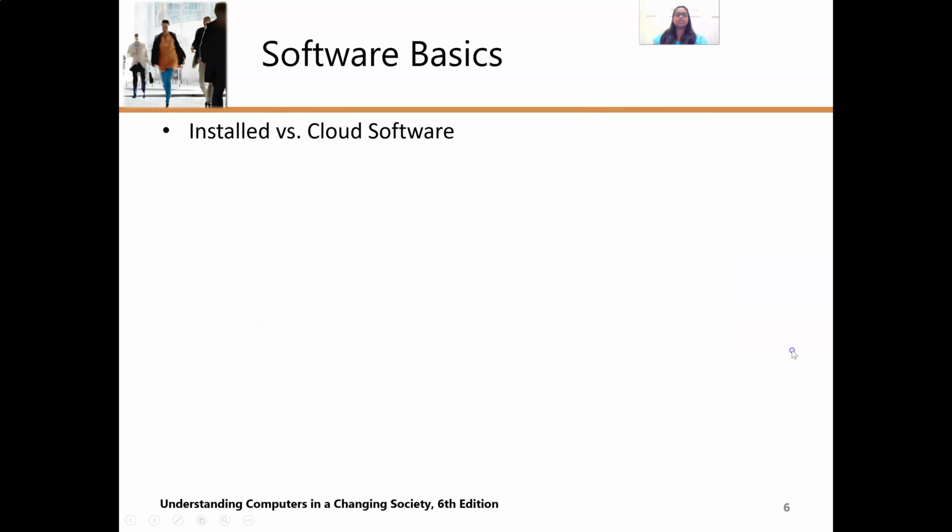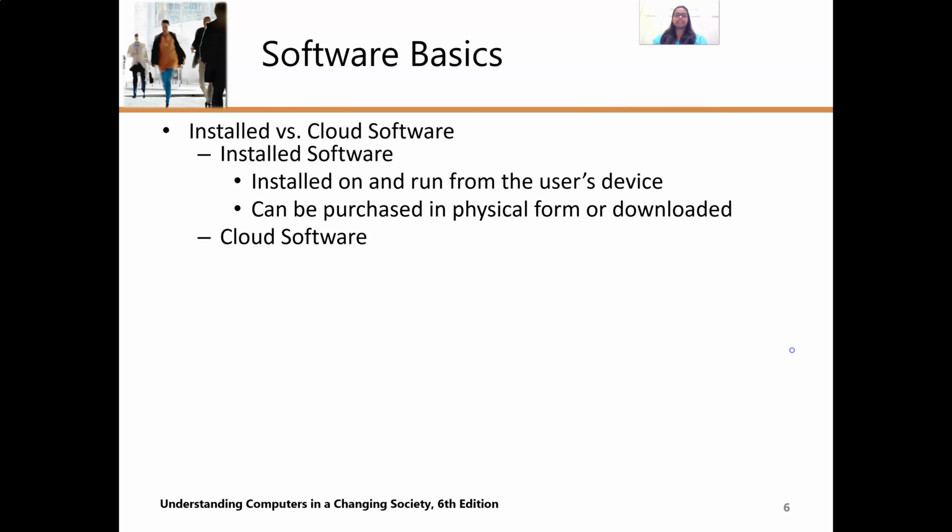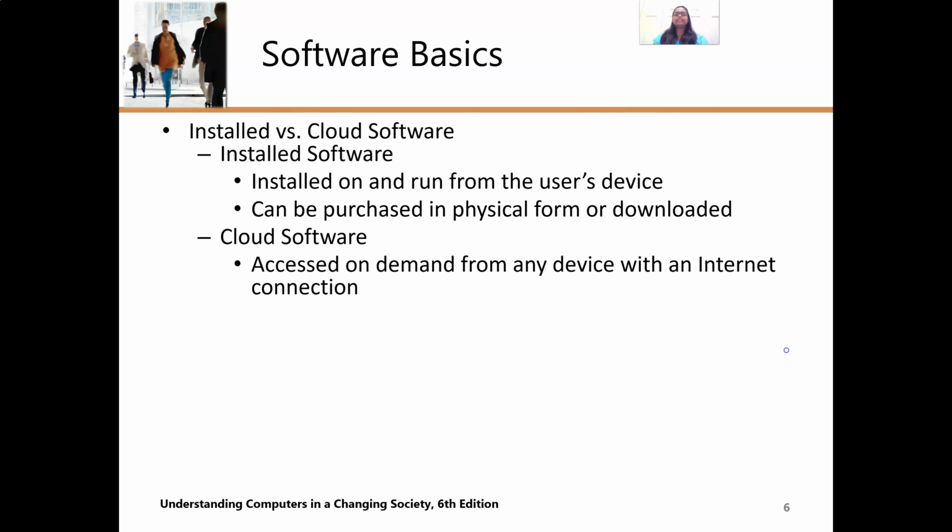Moving on to installed versus cloud software. The installed software is also called on-premise software. The fundamental difference between a cloud versus on-premise or installed software is where it resides. On-premise software is installed locally on your business computers and servers, whereas cloud software is hosted on the vendor server and accessed via a web browser.